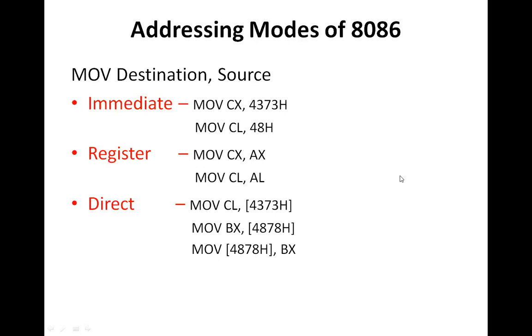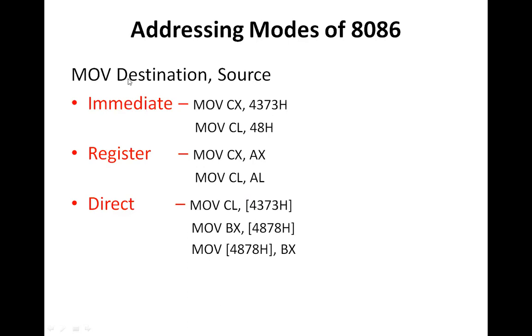In case of 8086, we have 13 types of addressing modes which are normally used. I'm going to give you the general way of specifying the operands. The first instruction, used as a data transfer instruction, is known as MOV destination, source.